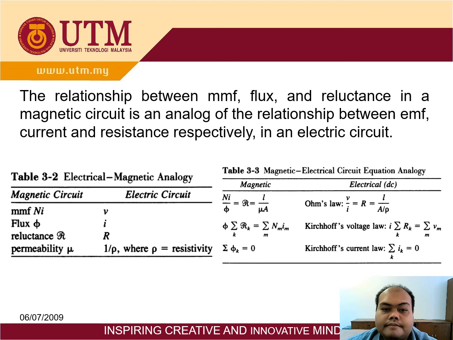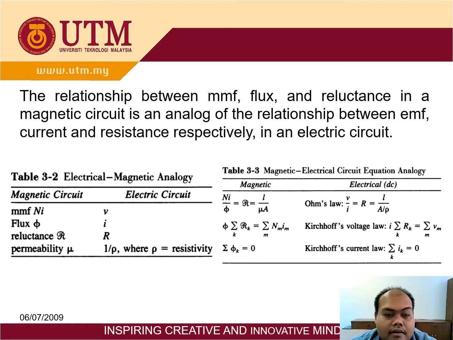So basically this is the summary of what we have learned today, and the comparison between the magnetic circuit and electric circuit analog. For the electrical circuit: MMF or F, the magnetomotive force, F equals Ni, is basically like a voltage source.